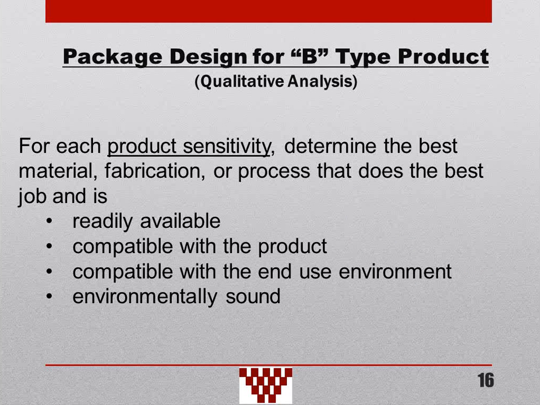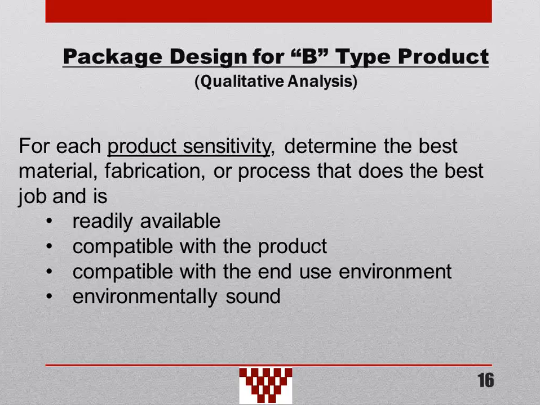Then what you do is for each of the product sensitivities that you have identified from that list, determine the best material, fabrication, or process that does the job the best. And for each of these materials especially, you have to make sure that the material is readily available.